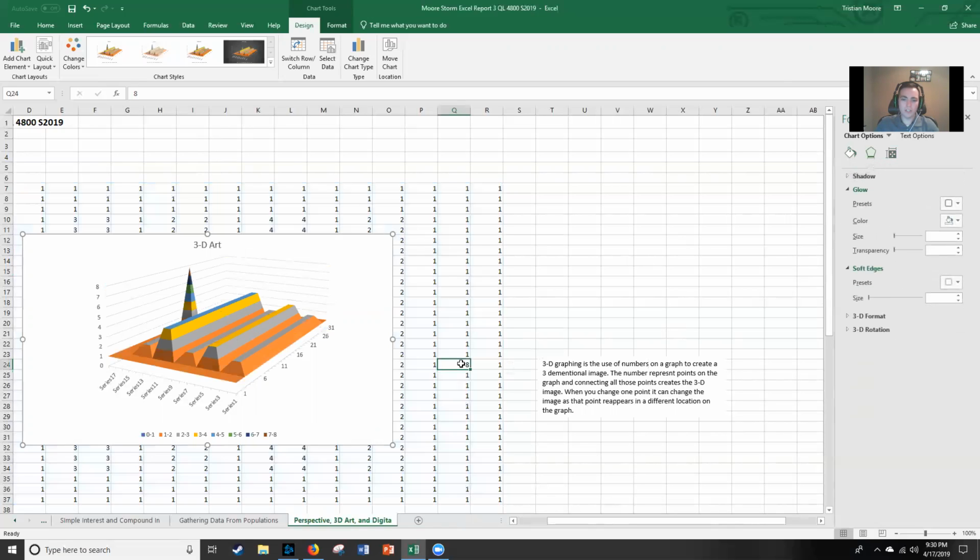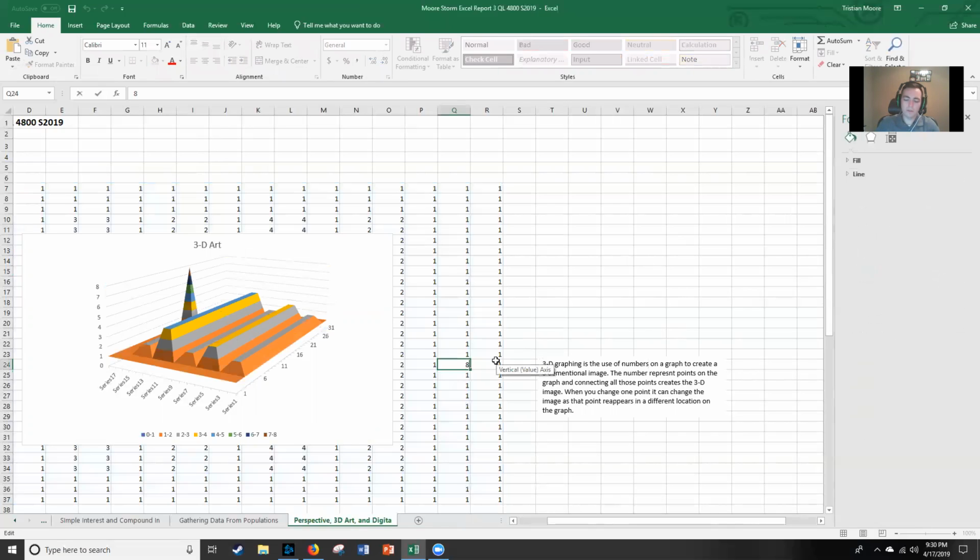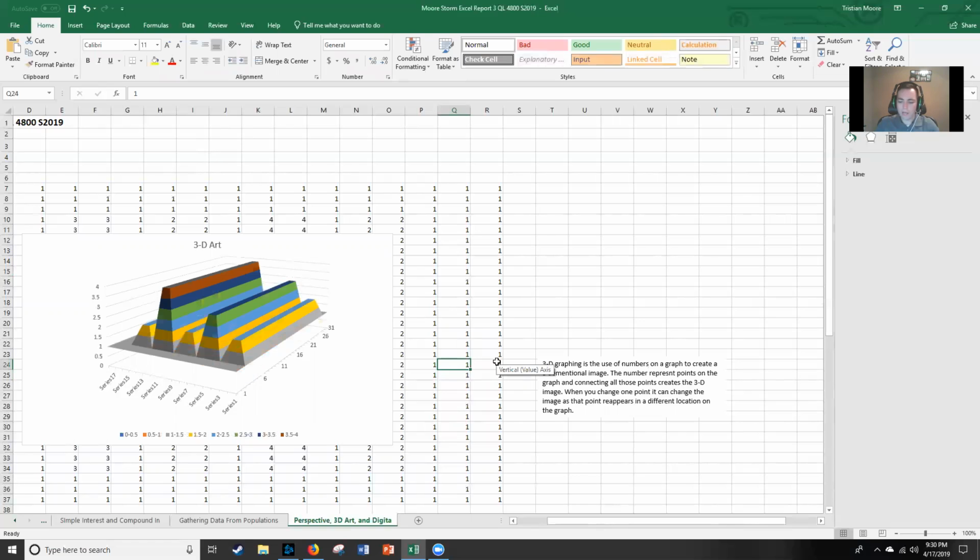At any rate, changing that 1 point changes the data drastically. There was a 1 there. We'll put it back in, and I'll just change it to a 3. Now, see, because we have 3s and 4s and 1s, changing that one piece of data doesn't really change the art perspective a whole lot, because it's already pretty similar to the rest of our data.